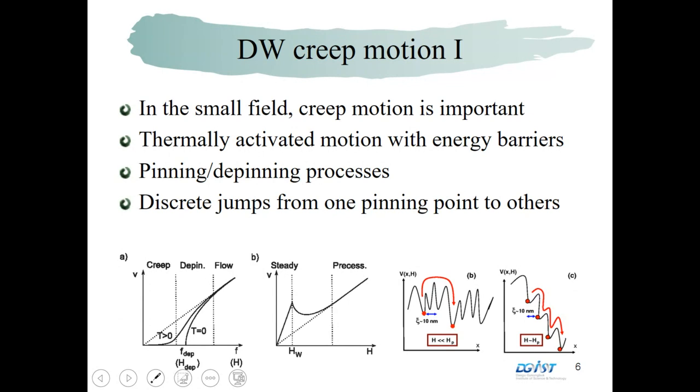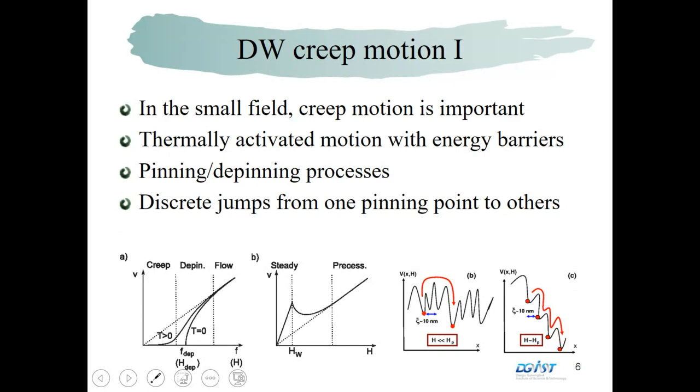But so far, the energy required for domain motion is not that large. You can make it very small, ideally, but practically it requires a huge current. So we have many topics to reduce the current density in this field. Okay? So that's a very important point.